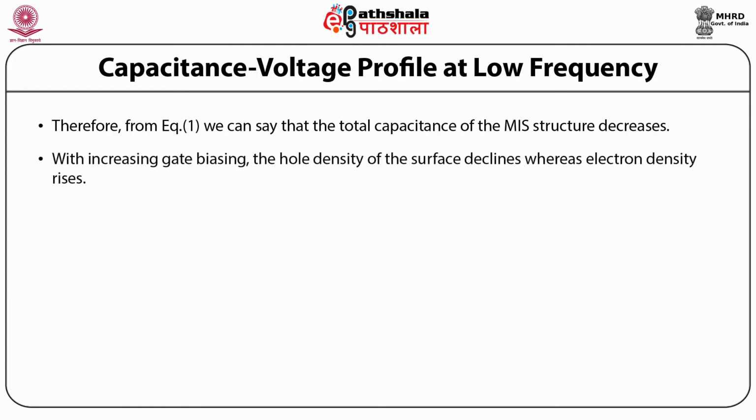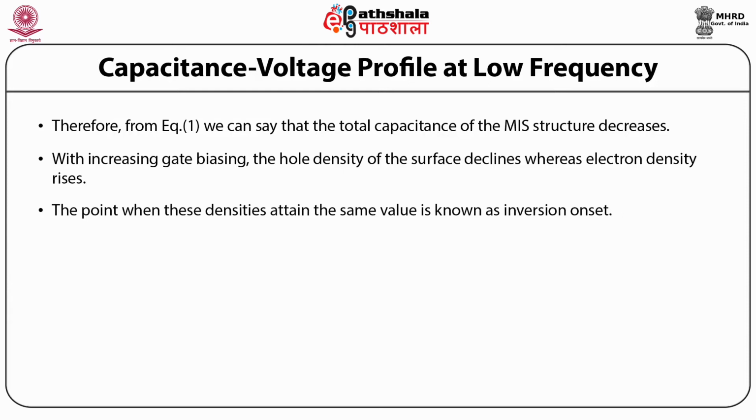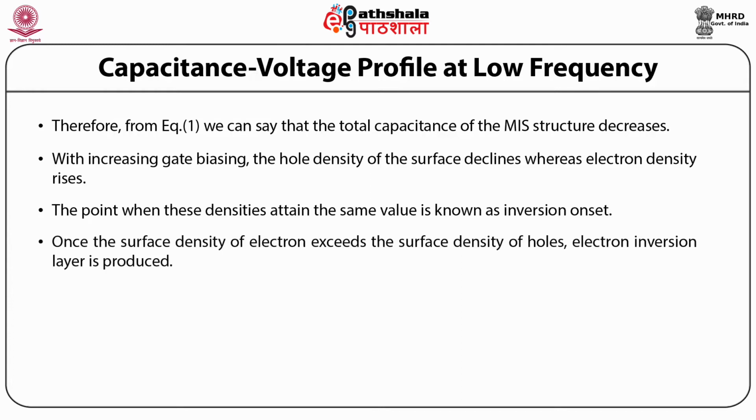With increasing gate biasing, the hole density at the surface declines, whereas the electron density rises. The point when these densities attain the same value is known as inversion onset. Once the surface density of electrons exceeds the surface density of holes, an electron inversion layer is produced.